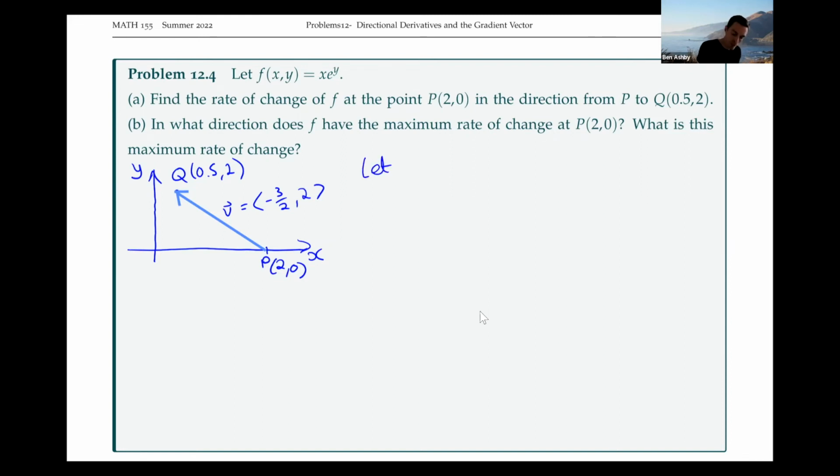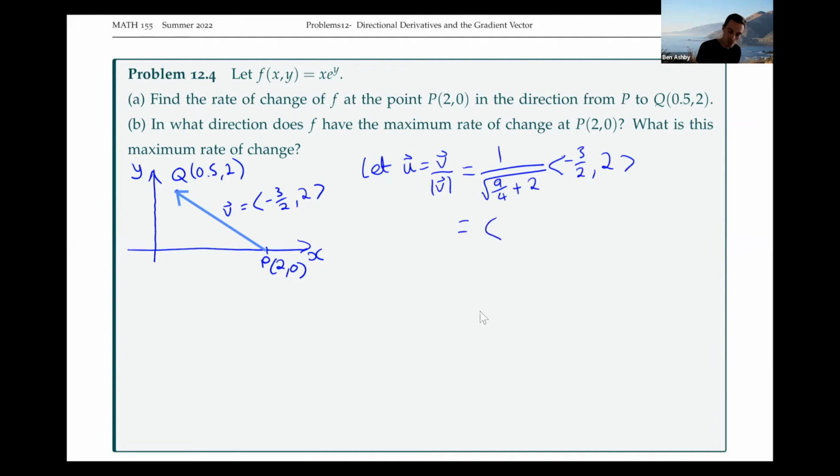Okay, so remember we need to work with unit vectors. This is not a unit vector here, so let U equal V divided by the length of V. So if we work this out, we're going to have 1 over the square root of (-3/2) squared, which is 9/4, plus 2 squared, times our vector V, (-3/2, 2). This eventually cancels down.